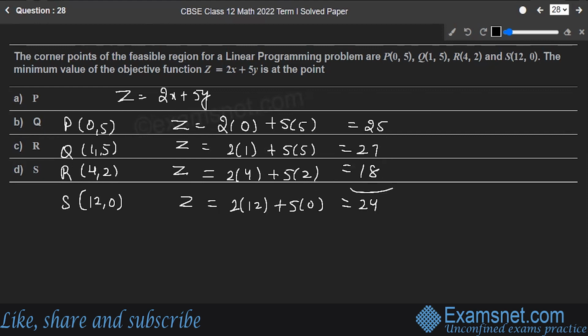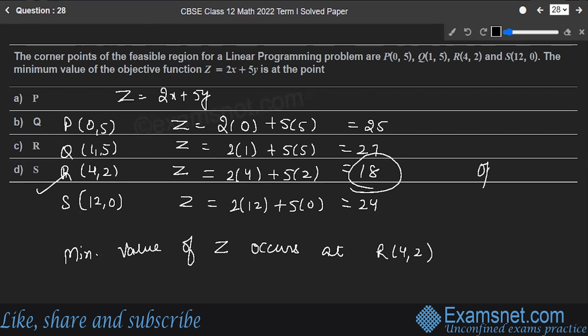So, what is the minimum value? It's 18. The minimum value of z occurs at R(4, 2). That makes option C the answer. Right? Hope you got that.